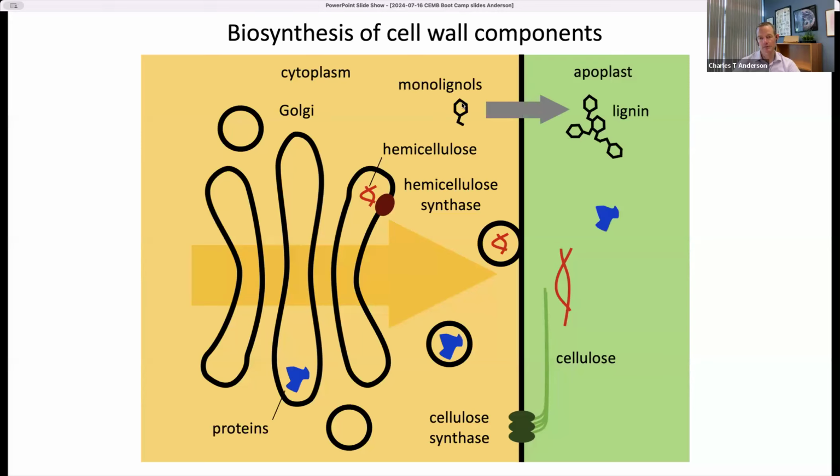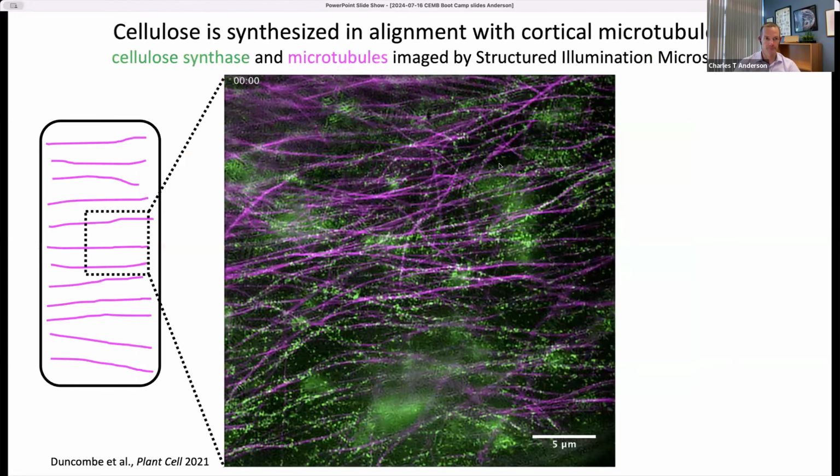And then likewise with lignin, for instance, in secondary cell walls, we have monolignols. These are the monomers that make up lignin ultimately, and they're made metabolically in the plant cell from amino acids, and then are thought to diffuse through the plasma membrane out into the wall where they polymerize.